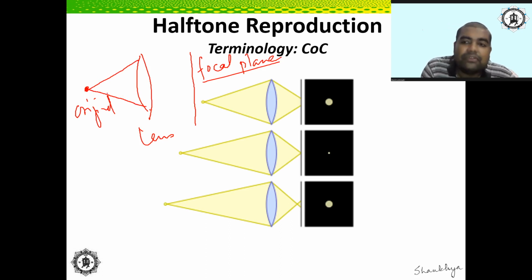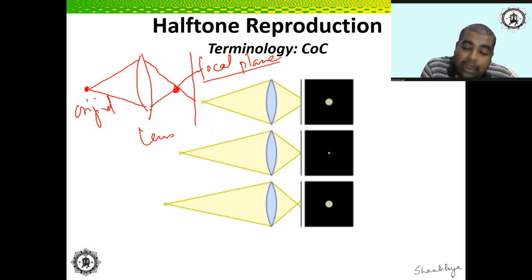Now, if let us say the lens is placed very close to the point source or the original, then instead of focusing the refracted light rays onto the focal plane, the lens will create the image of the object somewhere before the focal plane, so we will not be able to see the image properly.